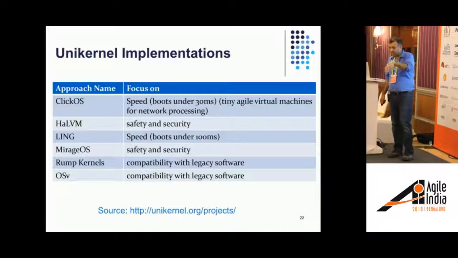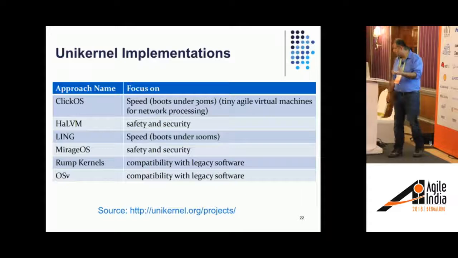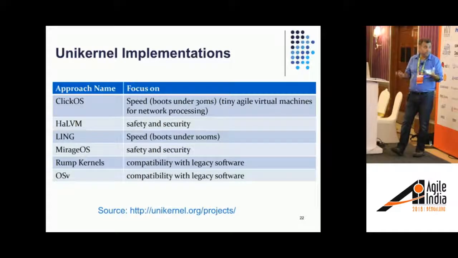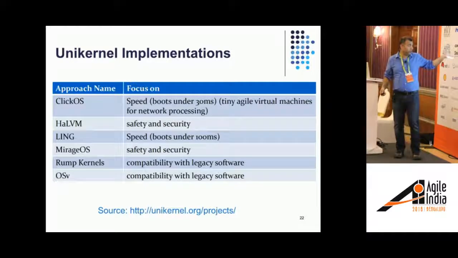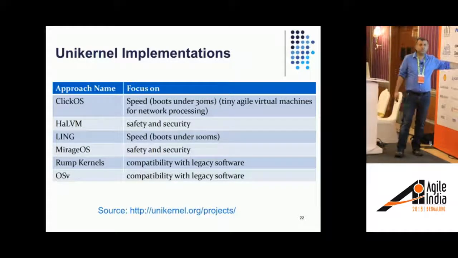So any application that is running on a Tomcat server, you could potentially have it in unikernels and put it on this. I forgot the name. I think it's OSv. Yeah, this one. This actually I think emulates the Tomcat server.